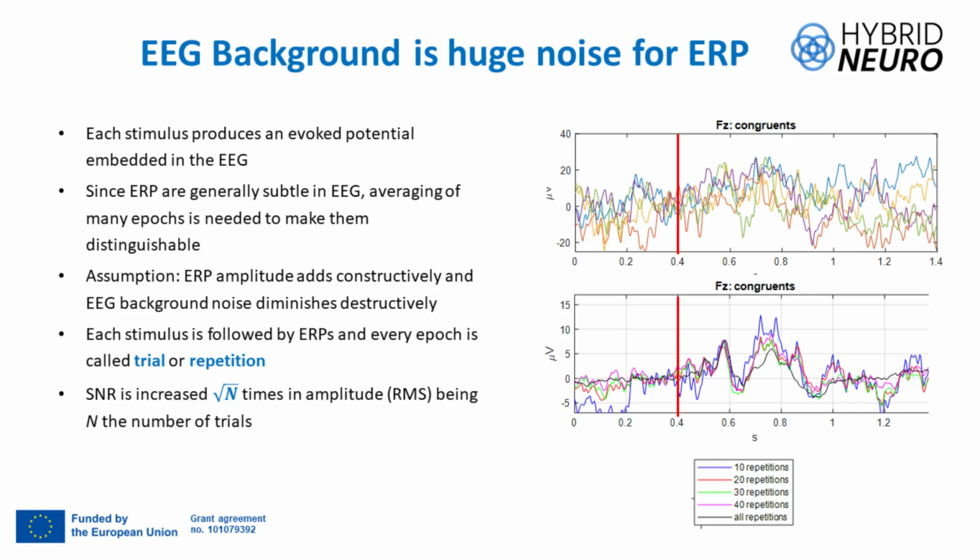The potentials are smoother because of increasing the number of trials. It can be shown that the signal-to-noise ratio is increased by the square root of N in amplitude, in root mean square, being capital N the number of trials.